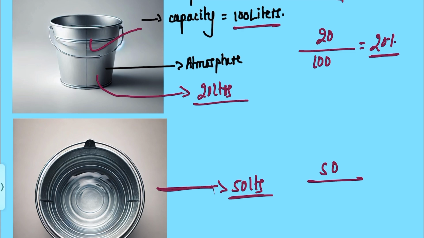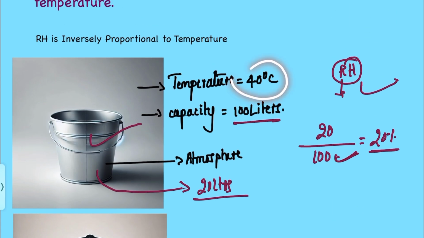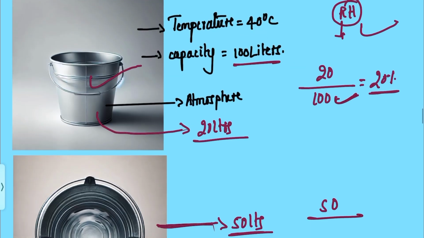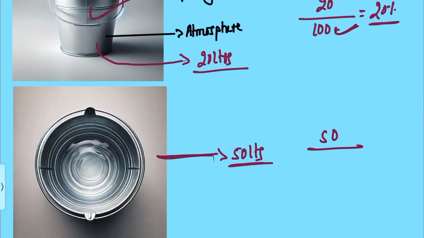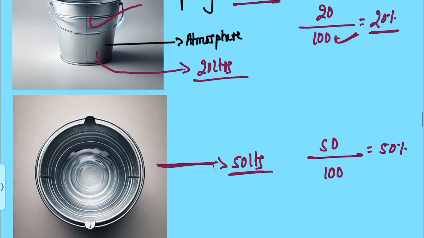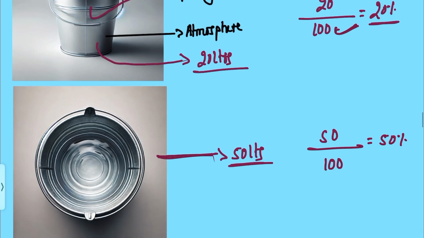What is the holding capacity? It is fixed, right? Because the temperature has not increased. The temperature is still 40 degrees. We are not increasing the temperature. So at this temperature, this atmosphere can hold 100 liters of water. So we have to put 100 liters here. Right now, the relative humidity is 50%, meaning 50% capacity is occupied.